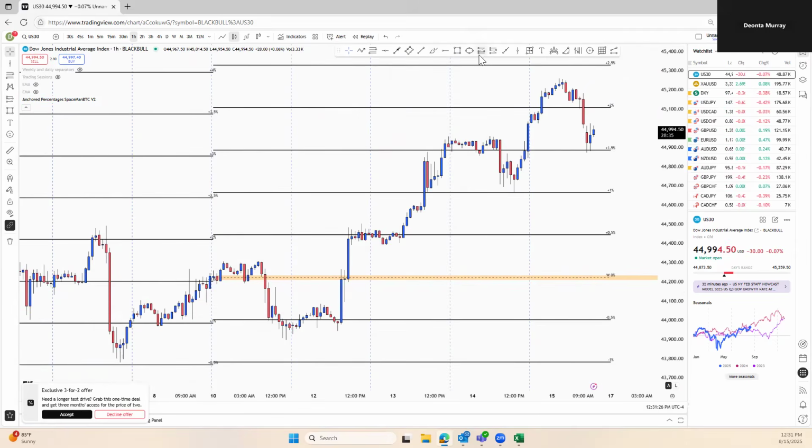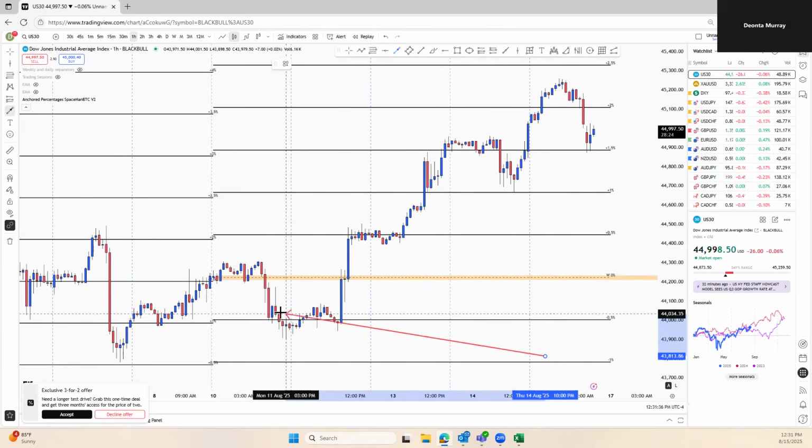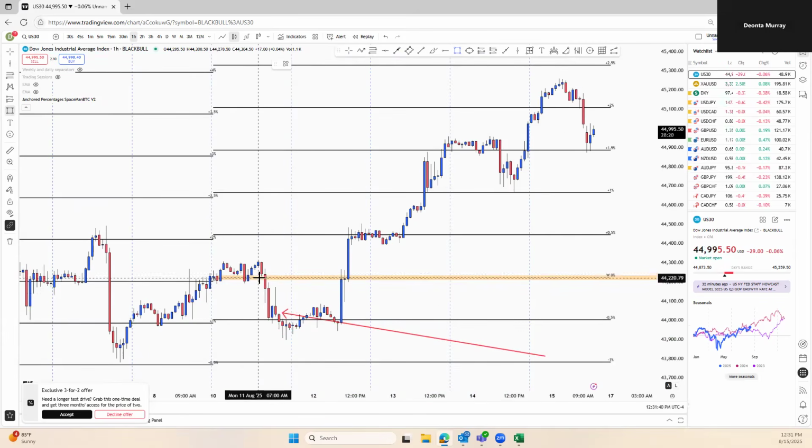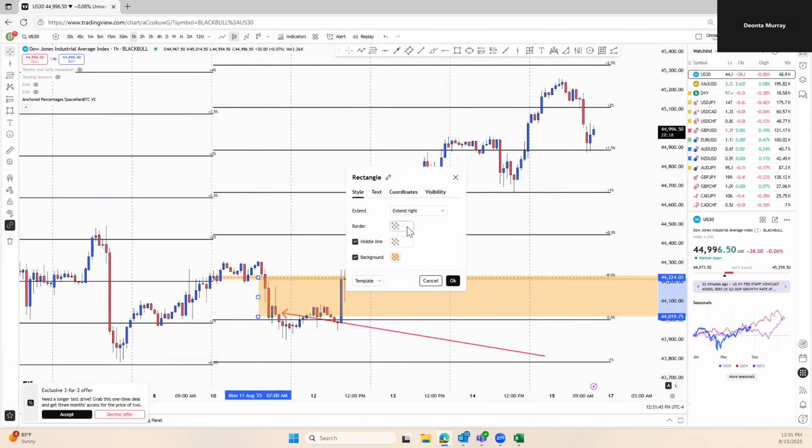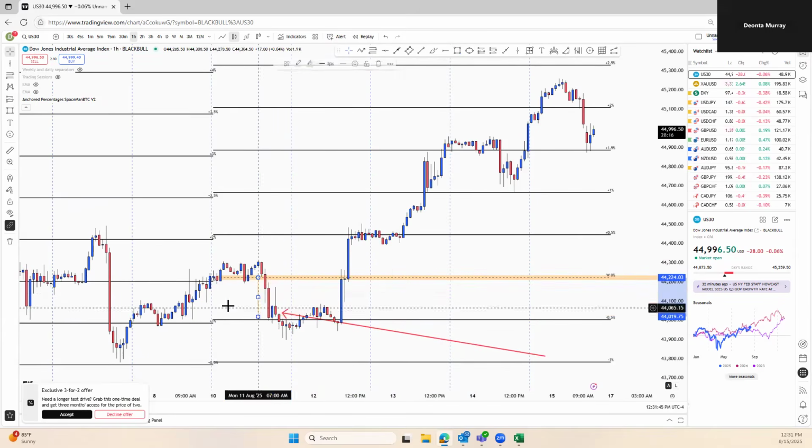So now I see support and resistance. And think about the weekly candle. If it's going to be a bullish weekly candle, we have to see a spike or a wick first. All of this right here, I'm going to show you real quick, and I'm going to adjust this instead of going all the way right.